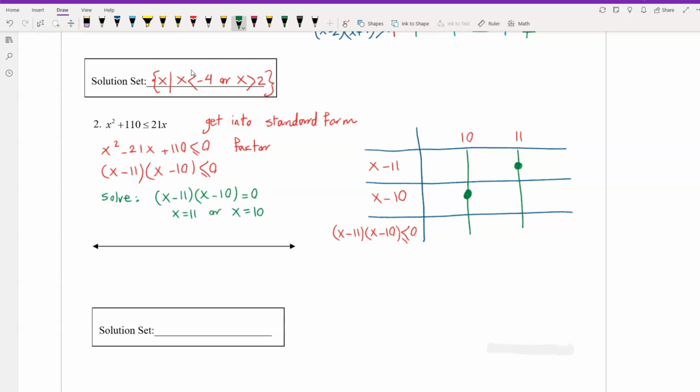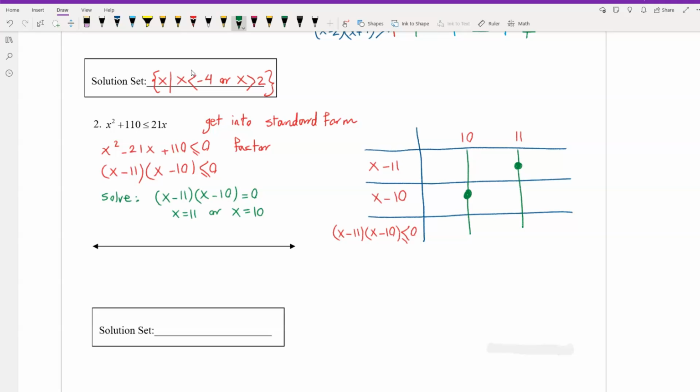So here, any number less than 10, for example, 0 or 9 or 8, it doesn't matter what number you use, it should be less than 10.